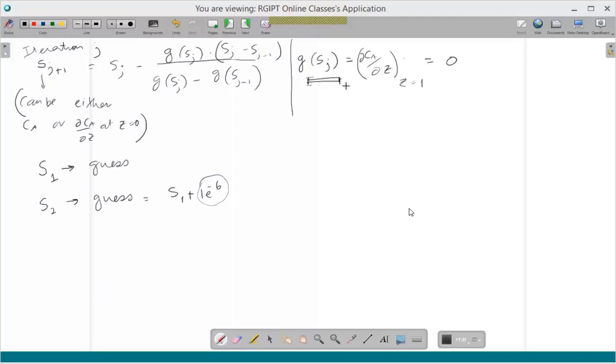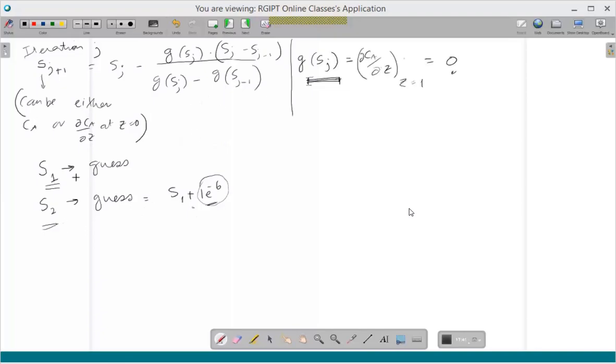If its magnitude decreases, then you are hopeful that if I keep on moving in the same direction from S1, adding more and more, I get a smaller G at the other end, and you can keep on doing the same thing.